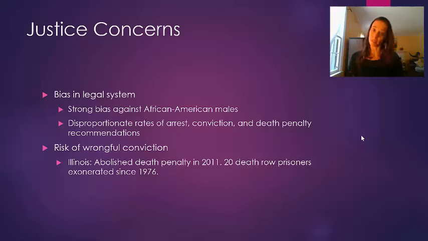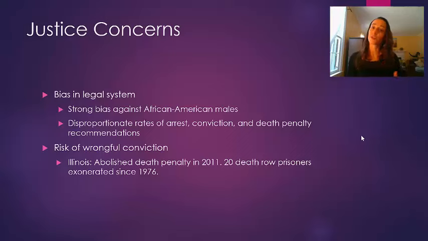So if we have these 20 people that we know, because their cases were re-examined and they were in fact exonerated, who may have been killed unjustly and unfairly for a crime that they didn't commit, we simply have no way of knowing how many people that had been executed since 1976 in Illinois were also not guilty, were wrongfully arrested or convicted of similar crimes.